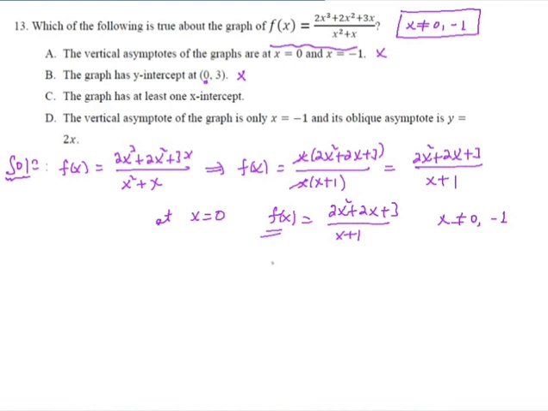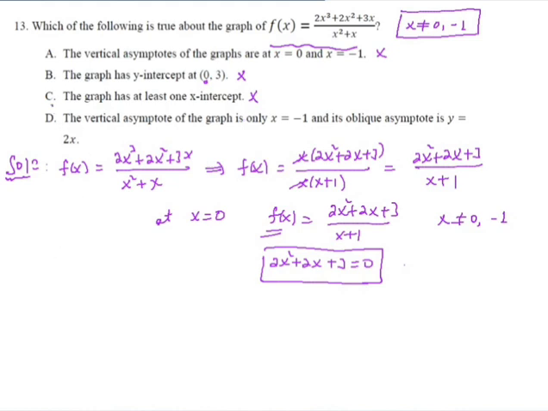So make this 0, and the equation becomes 2x squared plus 2x plus 3 equals 0. Whenever you solve this quadratic, there is no solution. That means there are no x-intercepts. So the statement here is wrong.